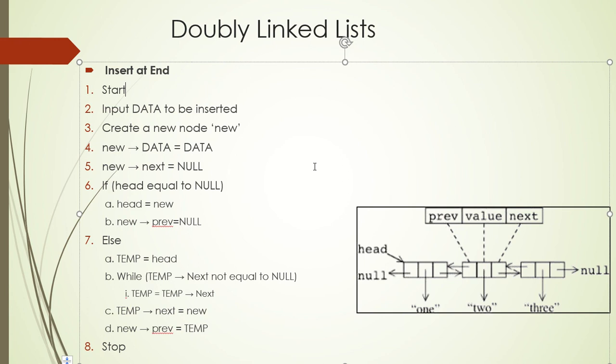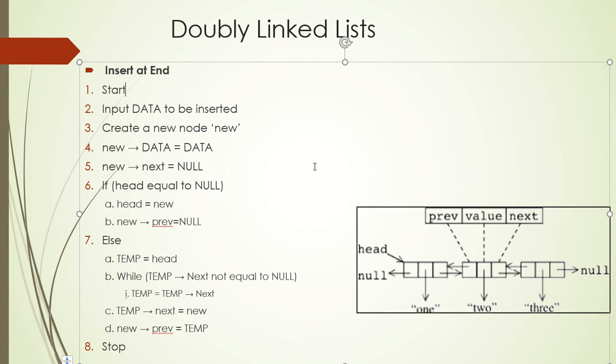You are checking whether the next field value of PTR or temp is equal to null. If it is not equal to null, you are advancing PTR. So at one point you can see PTR next is equal to null, which means PTR is currently pointing to the last node of the list. Okay, now you have to set your newly created node. So newly created node is available, PTR is available at the last node of the original list.